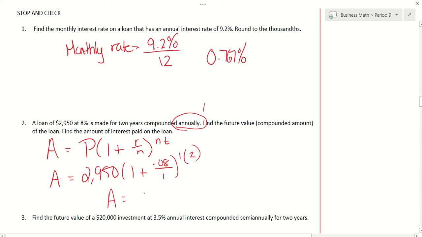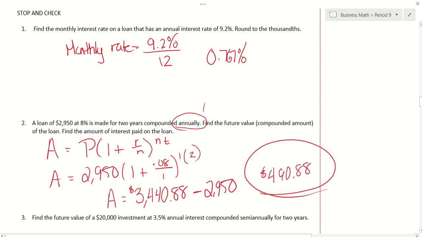What do I get? $3,440.88. Find the amount of interest. Well, I've got to subtract the original loan to get my interest to be $490.88. So that's the amount of interest. So this is my future value right here. This is my interest.